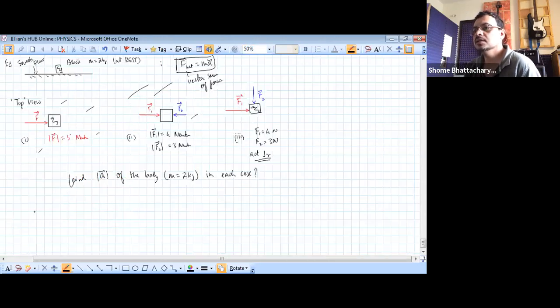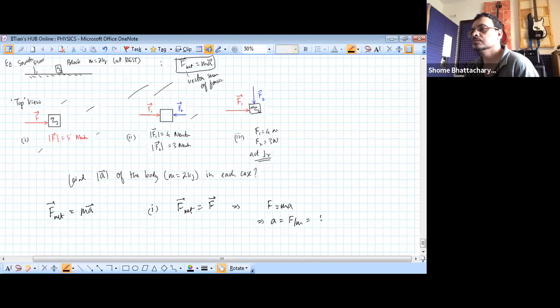So in each one of these, you have to apply this. In case 1, the net force is F only, and the action will be in this direction.